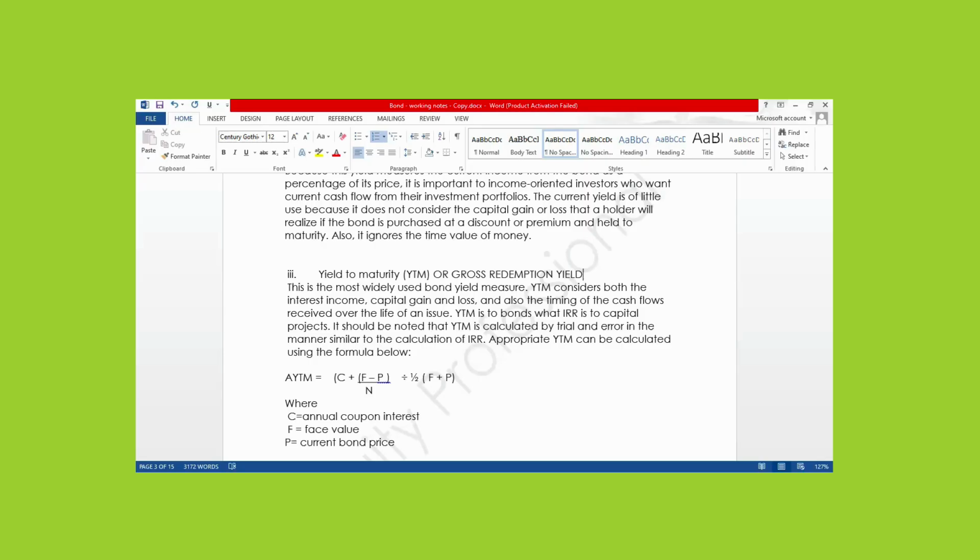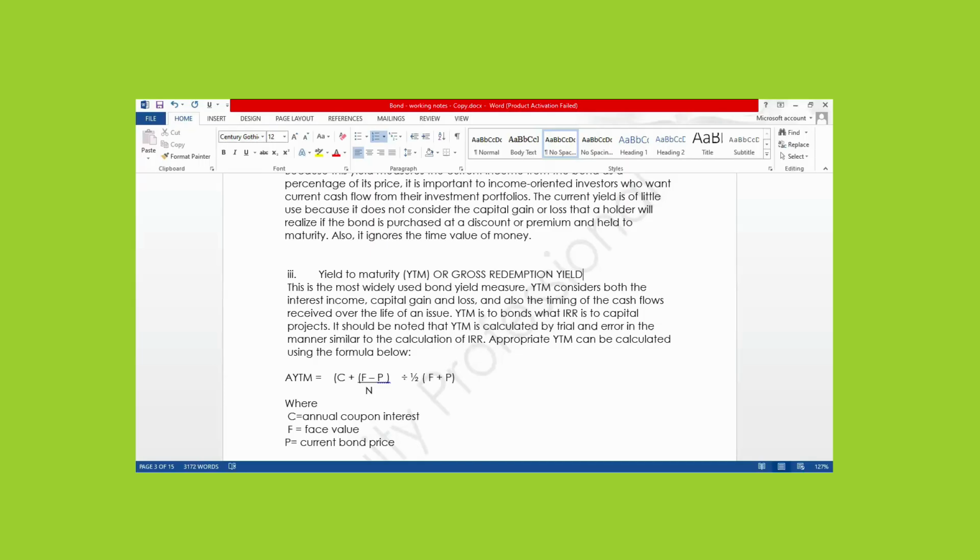The yield to maturity of a bond is the internal rate of return of the cash flows associated with that bond.